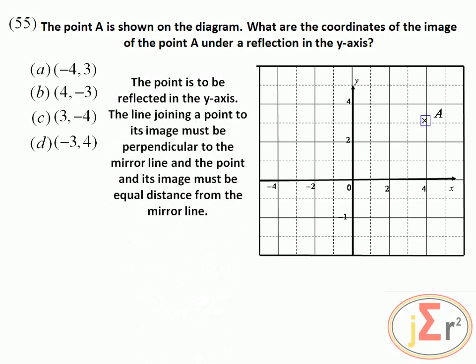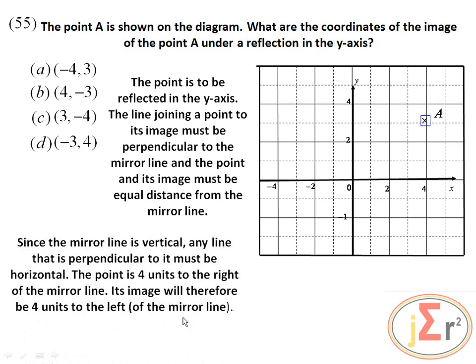The point is to be reflected in the y-axis. The line joining a point to its image must be perpendicular to the mirror line, which is the y-axis, and the point and its image must be equal distance from the mirror line, which is the y-axis.